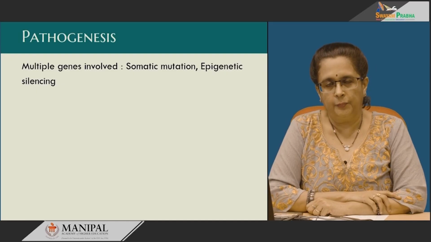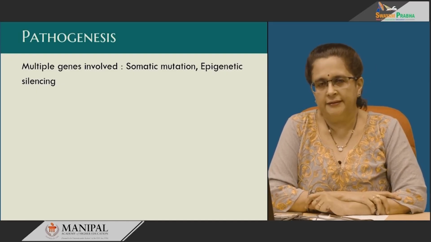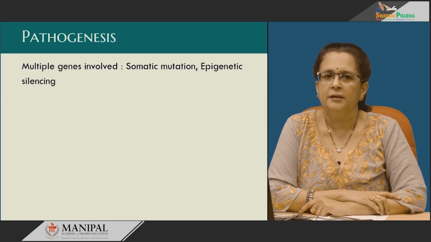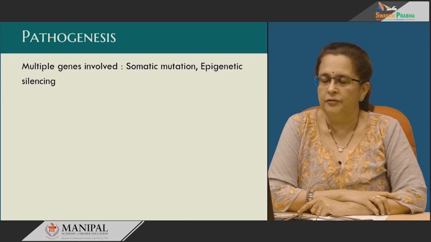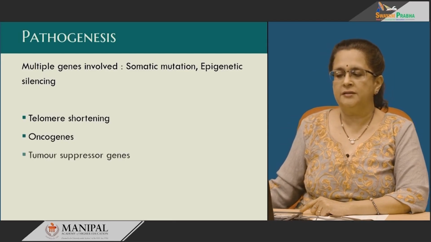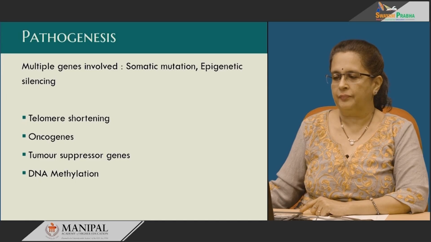So, the pathogenesis of pancreatic carcinoma involves multiple genes. It is not just a single gene that causes the malignancy, but it is a multi-step progression, and these involve usually somatic mutations and epigenetic silencing of the oncogenes, the tumor suppressor genes, and of course, DNA methylation.